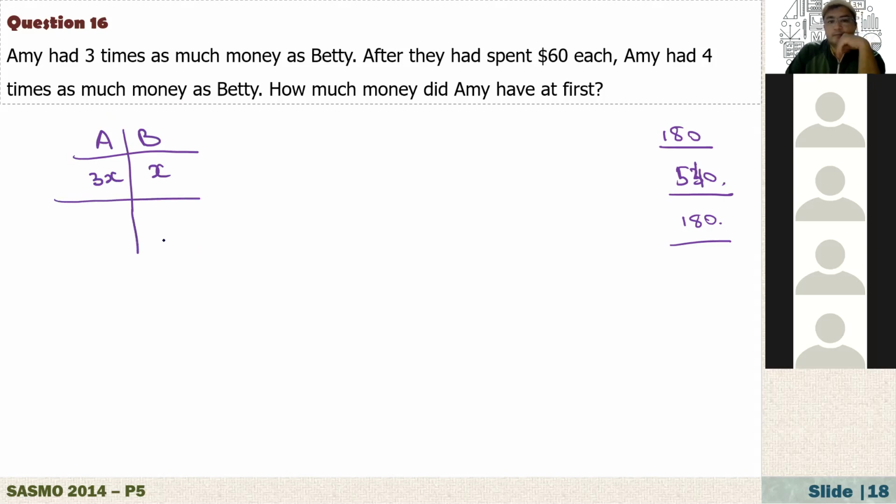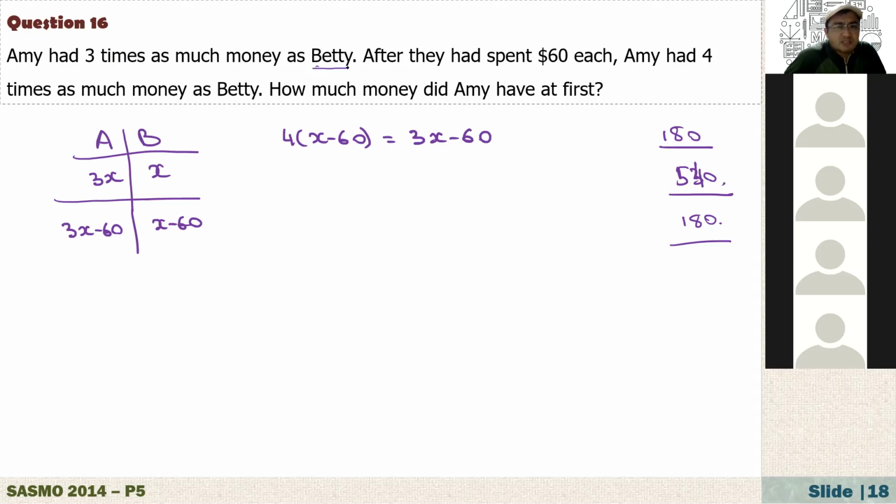And X will be 180, but 180 is Betty's money, and I find 3X. 180 times 3 is equal to 540. Okay, very good.